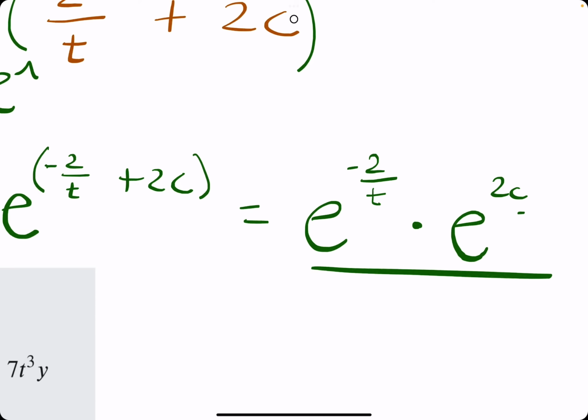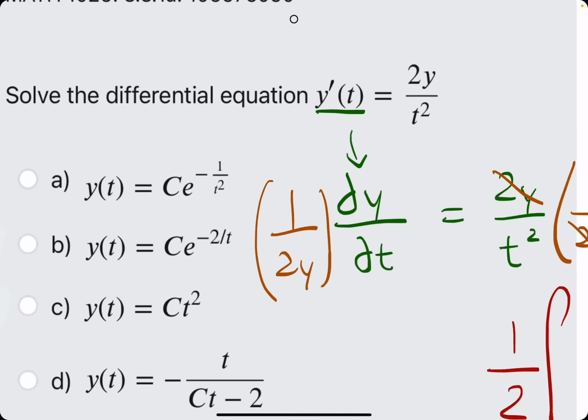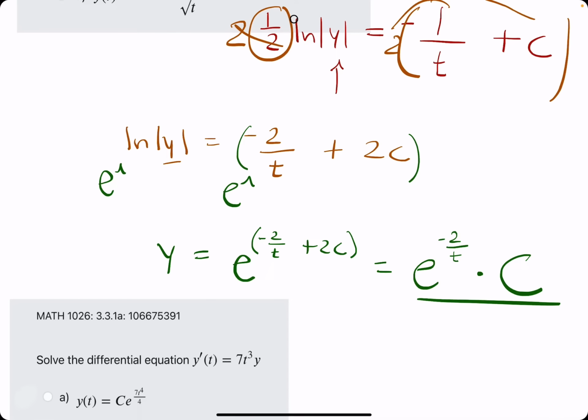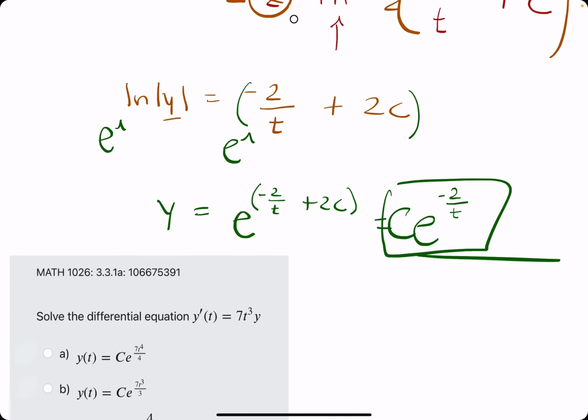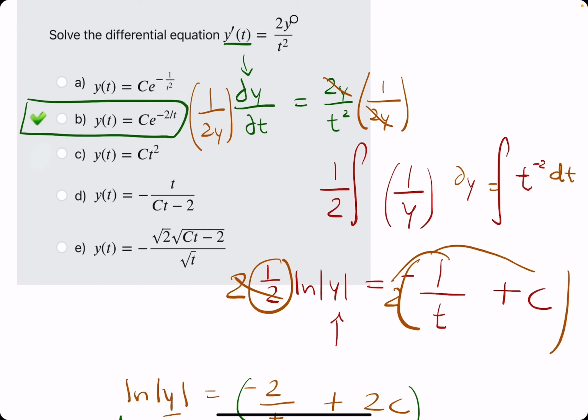And now e to the 2c is just a constant, because 2c is just some constant, and then e raised to that constant is just some constant. So really, if we wanted to, we could call that c. And so what they've done is brought that c out in front of the e term. So flip-flopping these, they've just thrown c out in front to give us option B as our answer. And that's pretty much it.